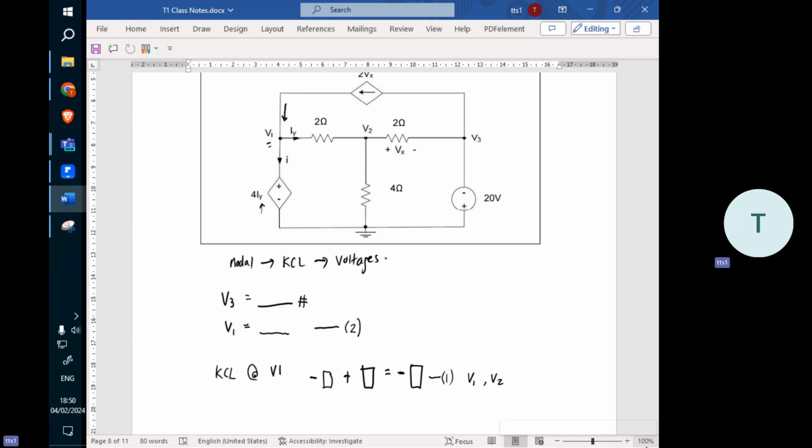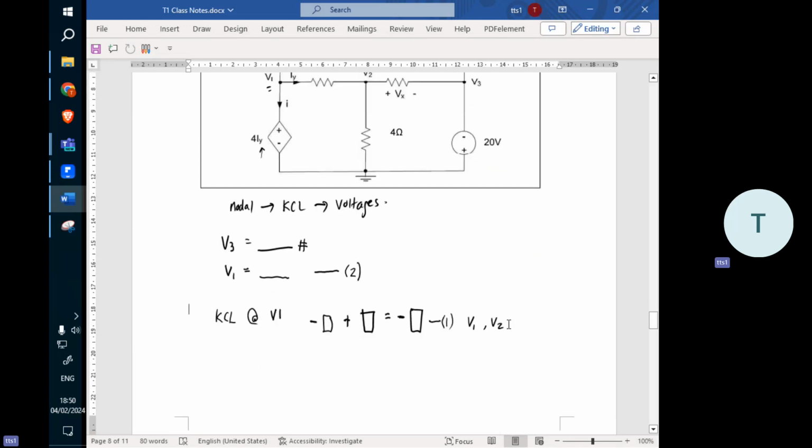Now, after this step, probably you need to substitute equation 1 into 2, V1 into something like that, so you will get the next equation.